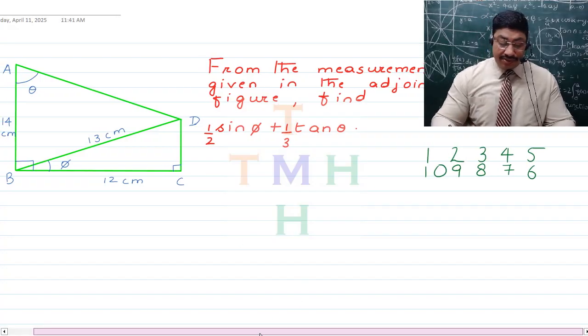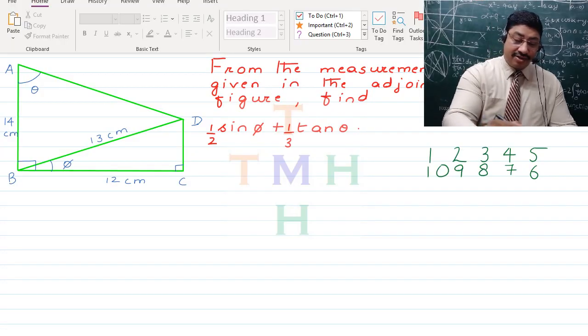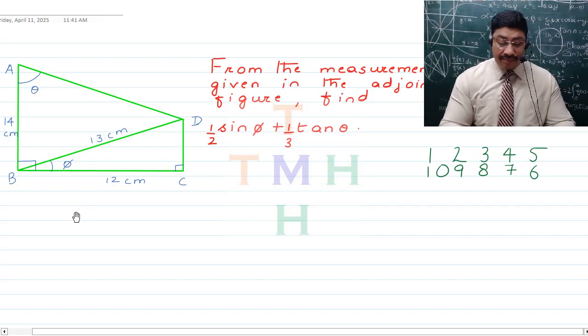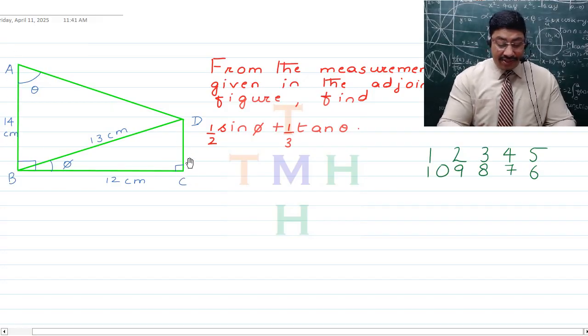Okay children, in the question we've been given a figure which looks like a trapezium, and in this trapezium these are two sides which are parallel to each other. One is the longer side, which is 14 centimeter, and then we have the shorter side CD, whose length has not been given to us, and we've been given that this angle DBC is phi, right?